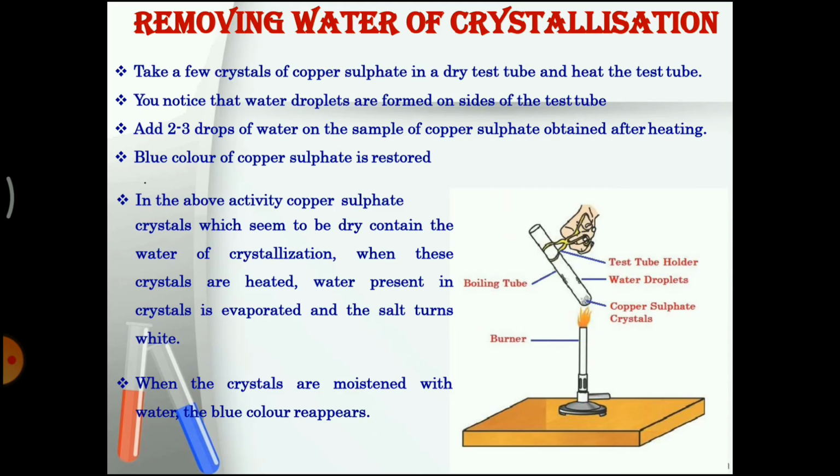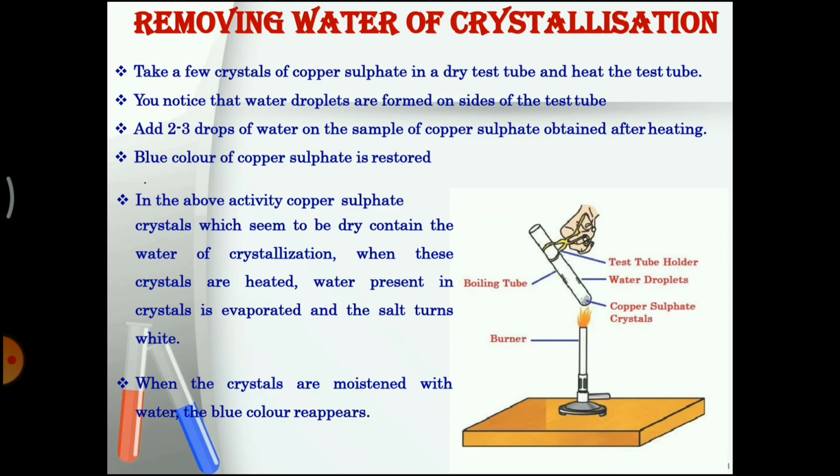Actually, to demonstrate this, we need to do one activity. Take a few crystals of copper sulfate in a dry test tube and heat it. You will notice that water droplets are formed on the side of the test tube. The copper sulfate changes its color from blue to white. Add 2 to 3 drops of water on the sample obtained after heating, and the blue color is restored.